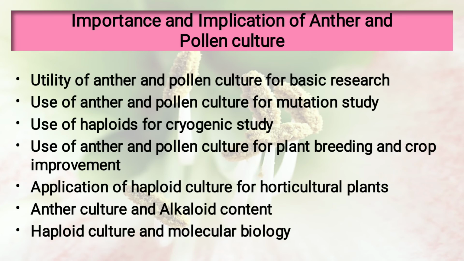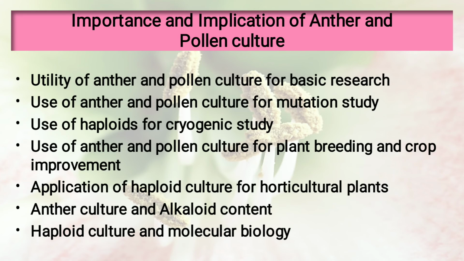Pollen embryos and haploid meristems are genetically stable and develop into an entire plant easily. Therefore, the materials are more suitable for cytogenetic studies.